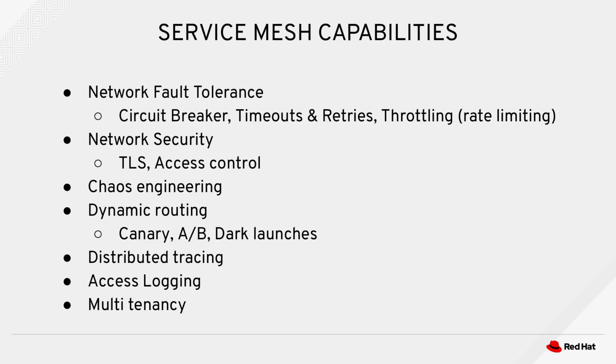So here you can define some policies that will inject some faults, some errors into your application, so that you can test and verify how your application can deal with those situations. Then you have a possibility to implement some dynamic routing, so you can define some policies that allow you to implement scenarios like canary deployment, AB deployment, dark launches.